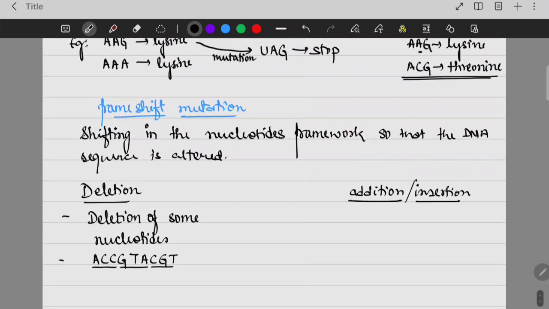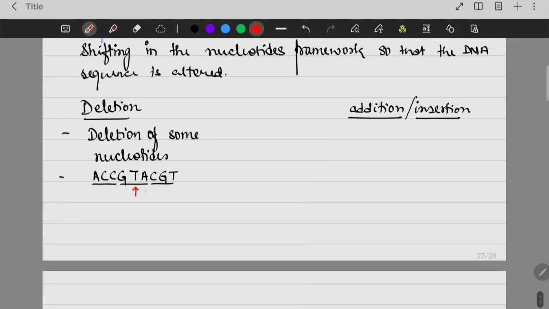Now if I delete this T and this A, what will be the net formed? ACCGCGT. It means there is a change in the framework of the genetic code and the newly forming amino acids will be different. Like here GTA is present and CGT is present, but now ACC is present, but it is changed to CGC and the further ones are also changed.